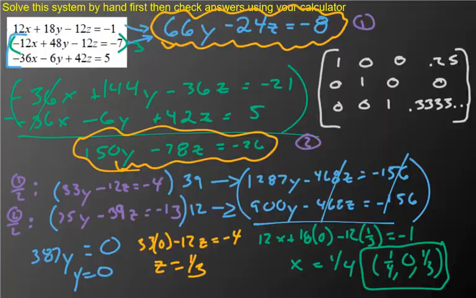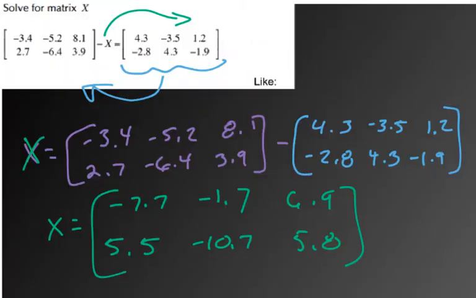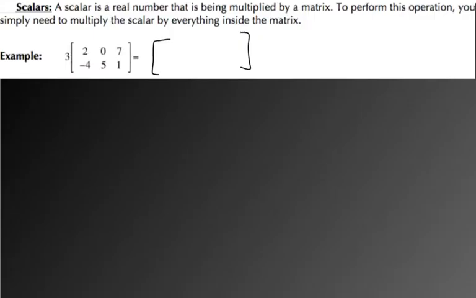So we can multiply by scalars like that, and that's fine. And again, it just goes component-wise. 3 times 2, 6. 3 times 0, 0. 3 times 7, 21. 3 times negative 4, negative 12. And then we'd have 15, and then we'd have 3.